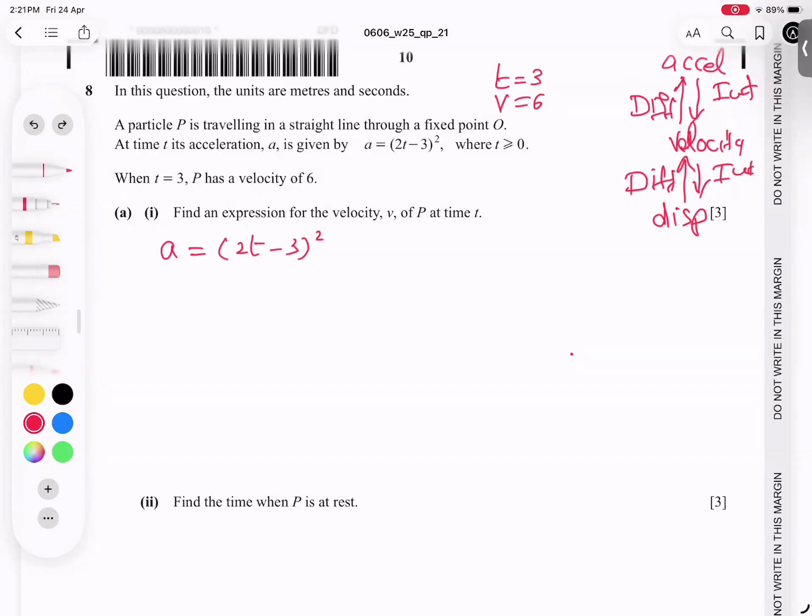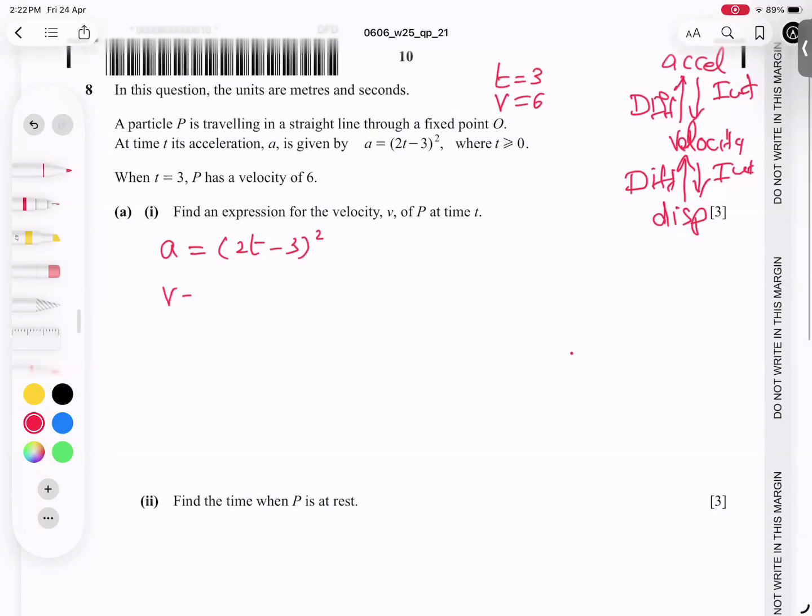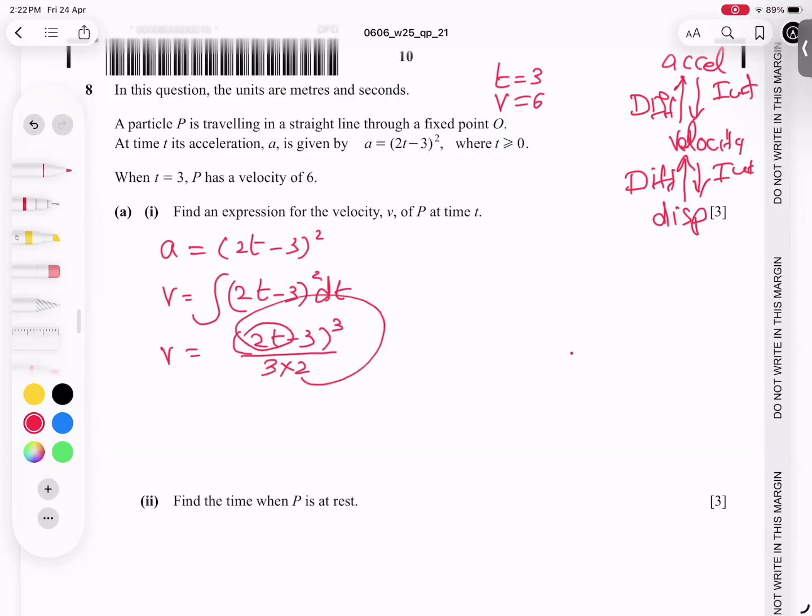Going up is differentiation, coming down is integration. So v is equal to the integral: increase the power by 1 and divide by the same. Don't forget this 2. Where does this 2 come from? The derivative of the base. And plus c must be there.